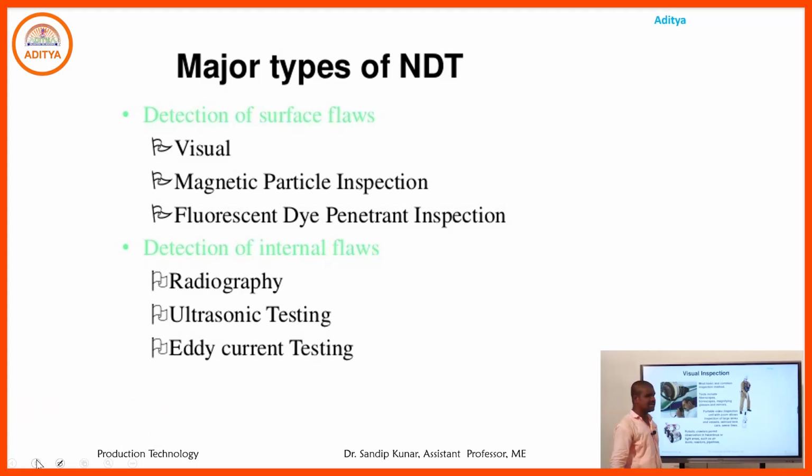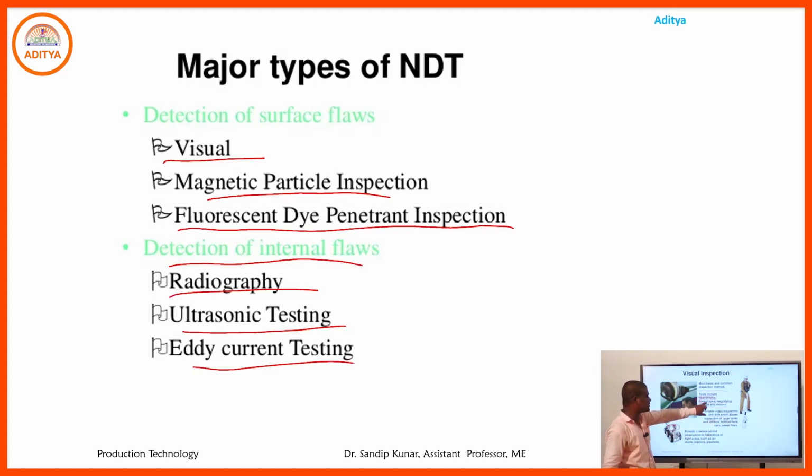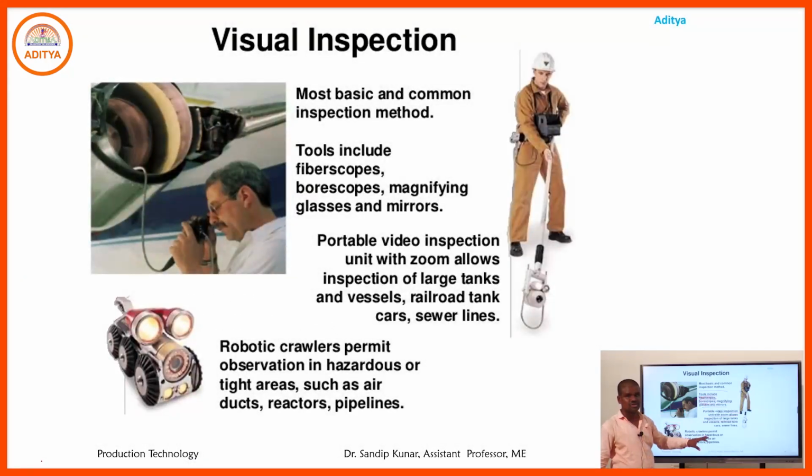In visual inspection, the most basic and common inspection tools include fiberscopes, borescopes, magnifying glasses and mirrors. Some portable video inspection units with zoom are used for inspection of large tanks. So fiberscopes, borescopes, magnifying glasses and mirrors are used for visual inspection.